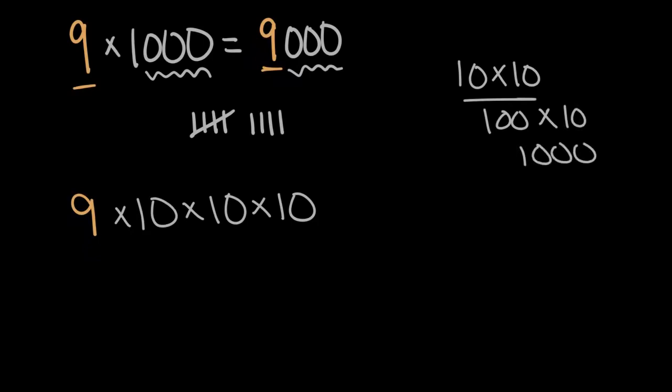So instead of 1,000, we can write 10 times 10 times 10. These are equivalent. And so when we multiply a number times 10, we add a 0. But here we're multiplying by 3 tens, so we add 3 zeros.